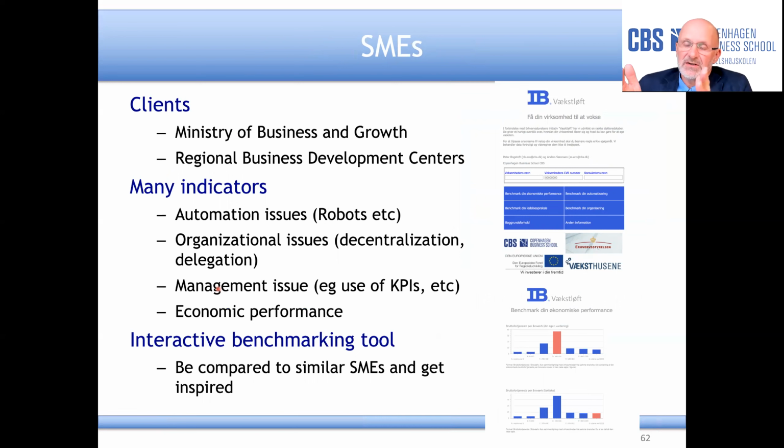What is interesting in some of these studies is actually that we don't really benchmark the efficiency. We just compare the actions taken by those companies, because in many cases that can actually be quite inspiring. We don't necessarily need a model that says that you get so and so much out of having performance-based payments for your CEO.